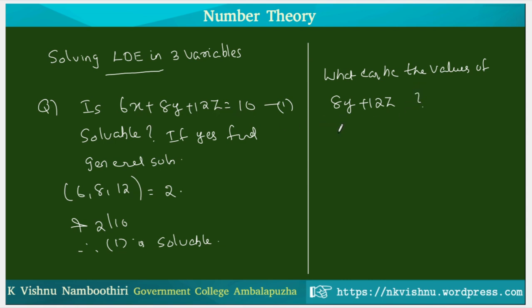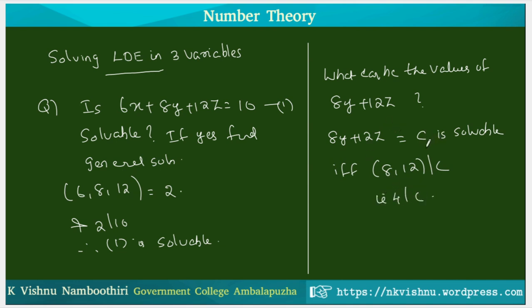So note that 8y plus 12z equal to some c is solvable, with c an integer, if and only if the GCD of 8 and 12 divides c. What is the GCD of 8 and 12? That is 4, and 4 divides c.